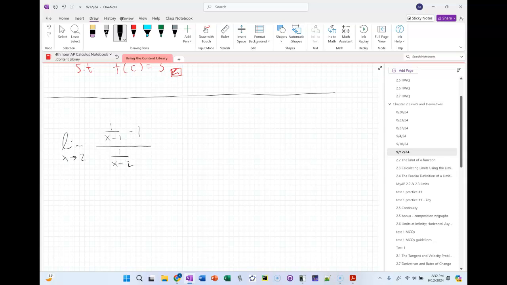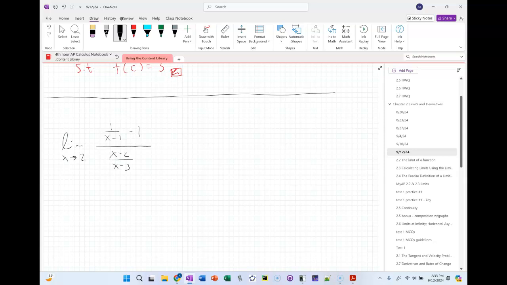If we plug this in, I'm going to get 1 minus 1 over 0 over negative 1.